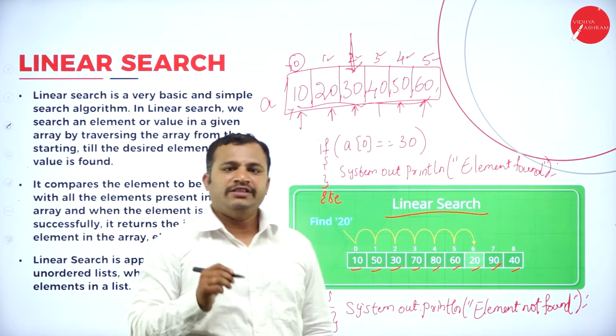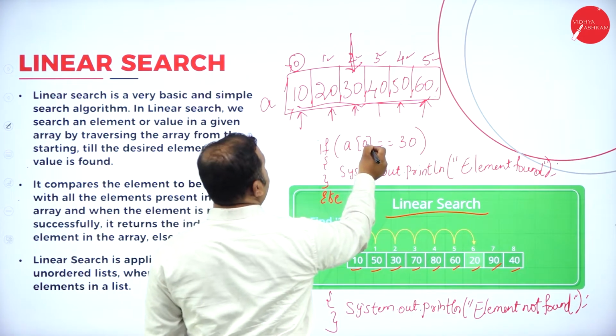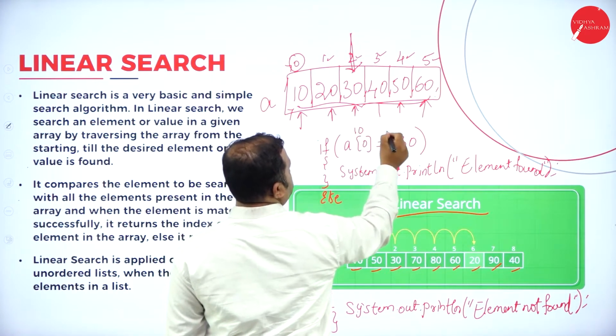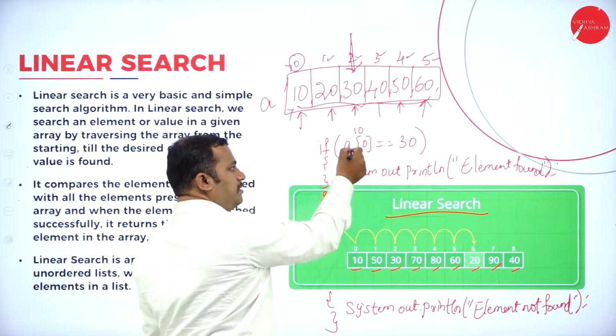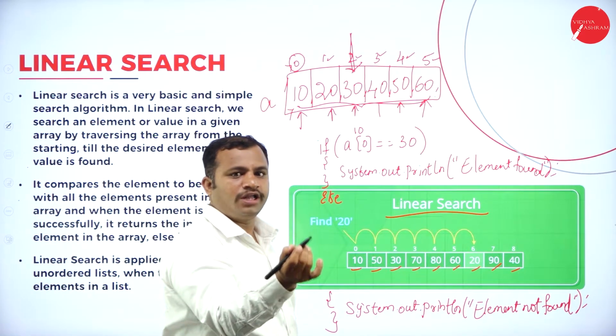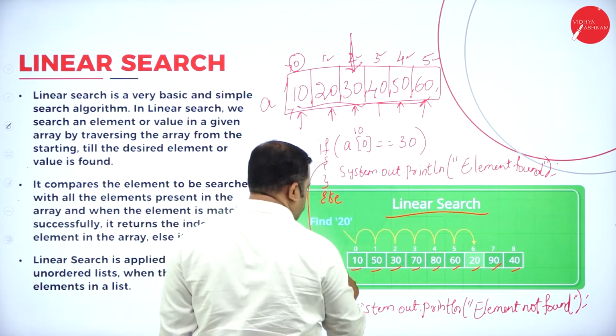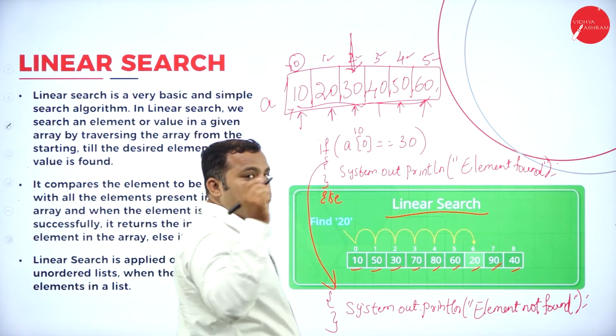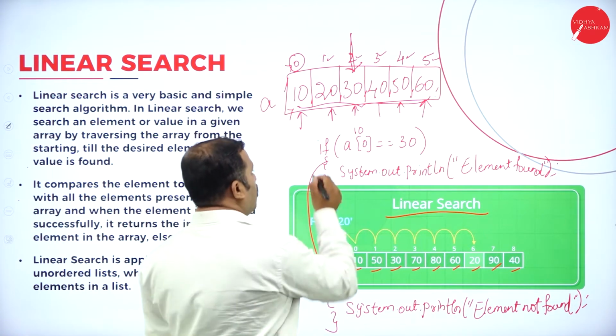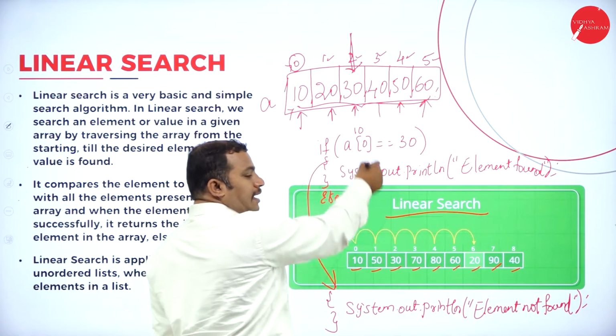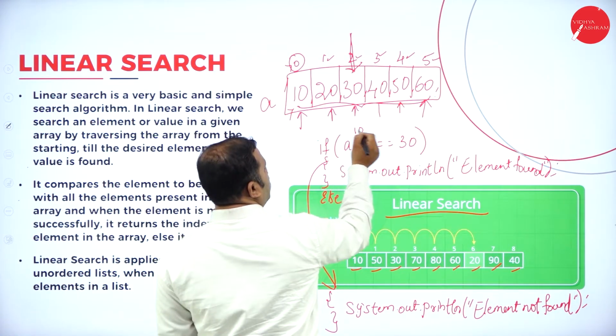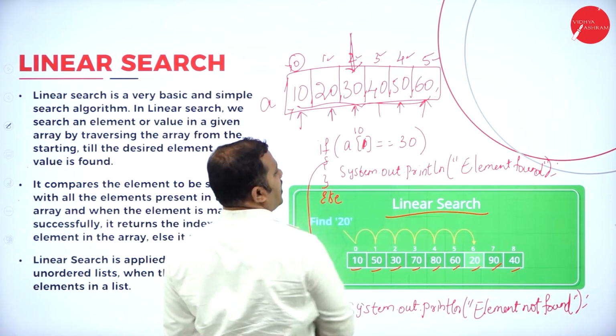This is when the value of A of 0, that is 10, is equal to 30. Is it possible? 30 is not equal to 10. So obviously it comes to the else part. But that must not happen. I want to iterate over and over again. So I will have A of 1 next time.